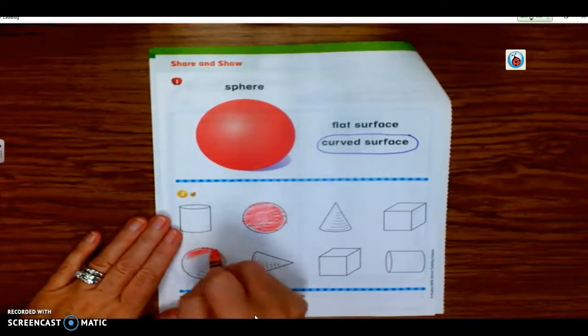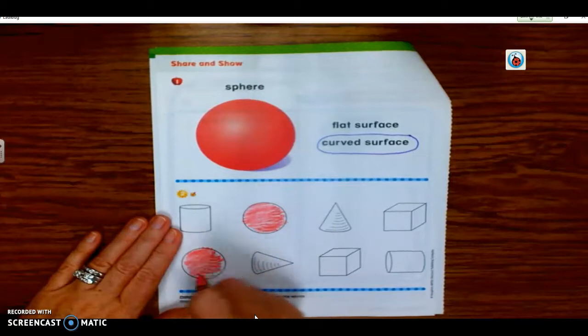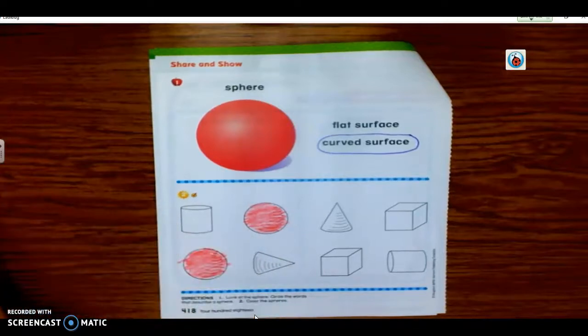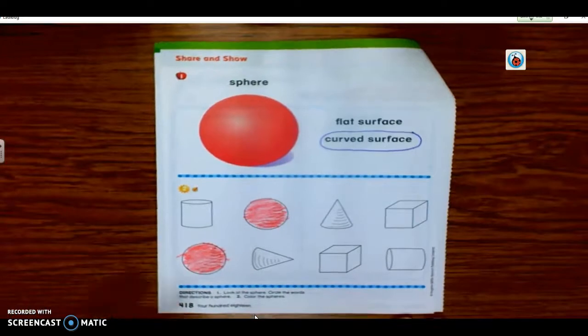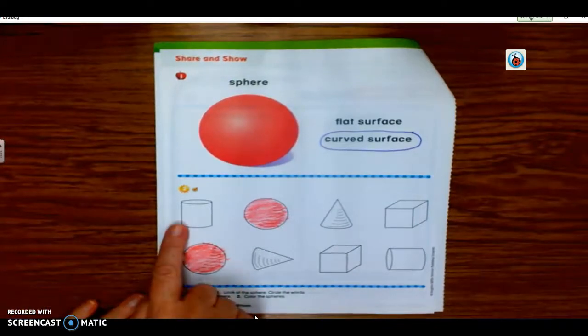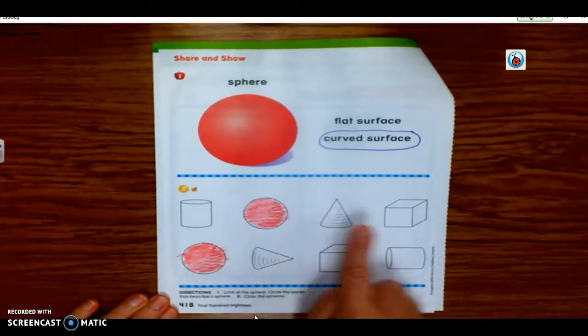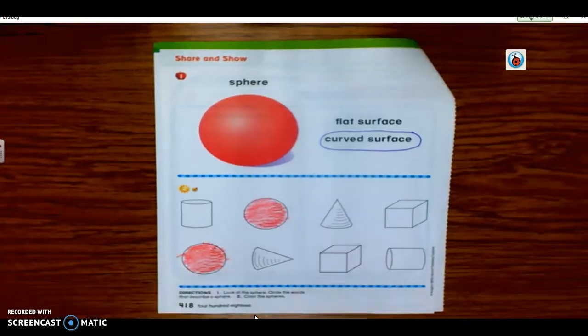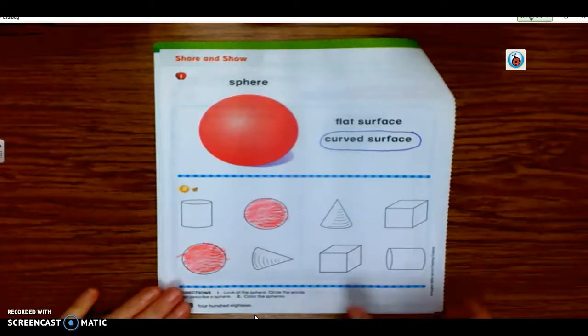I see two spheres. And while you're coloring, I'll go over and name these other ones. There's a cylinder, cone, cube, cylinder. So we only wanted to color the two spheres.